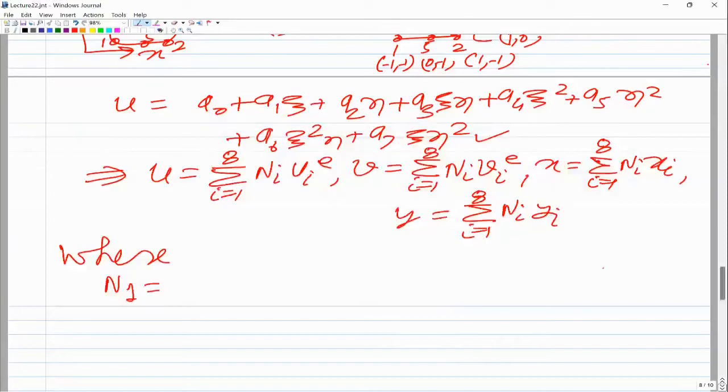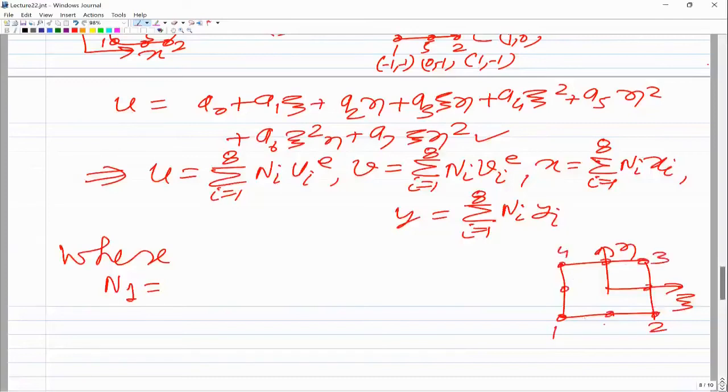Now if you look at this element in the natural coordinate space, this is xi and this is eta, and these are the nodes we have already said: 1, 2, 3, 4, 5, 6, 7, and 8.